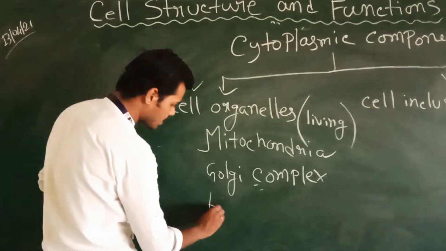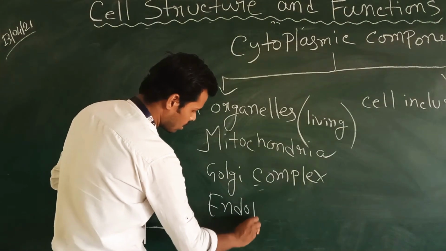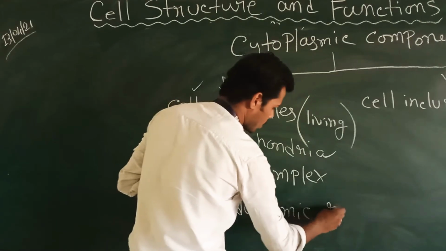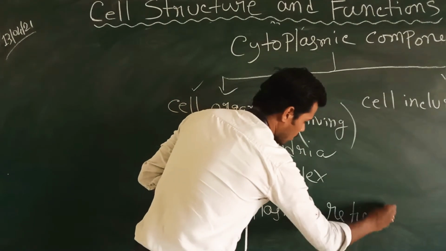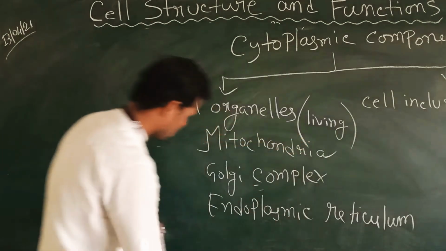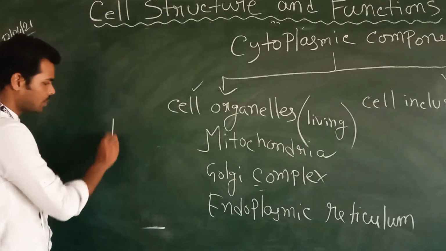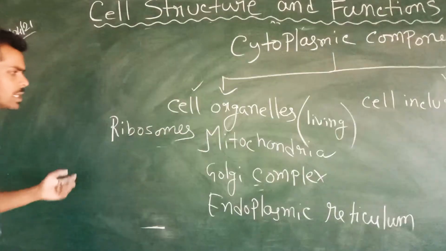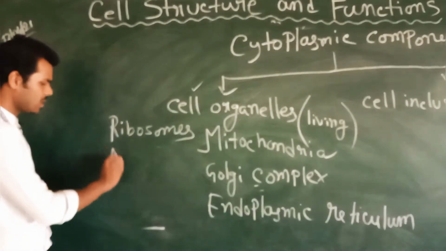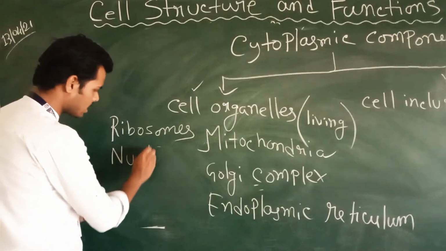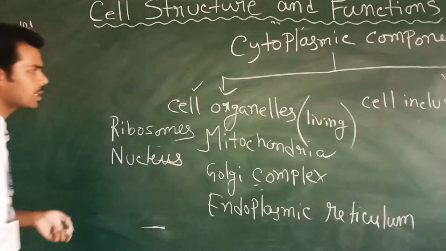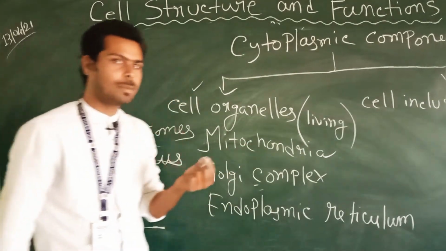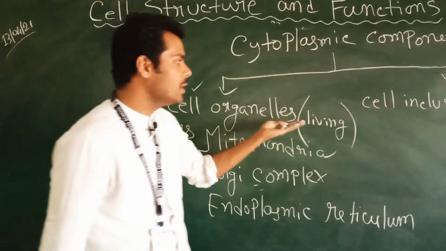Then endoplasmic reticulum. Okay, so even ribosomes. Even the nucleus also falls under this, because the nucleus floats in the cytoplasm. So these are a few examples of cell organelles, that is, living parts.